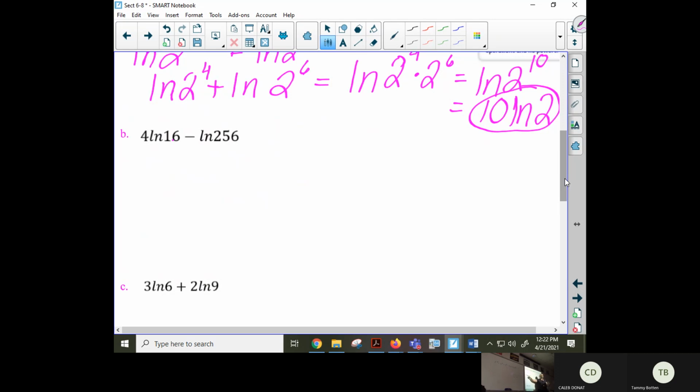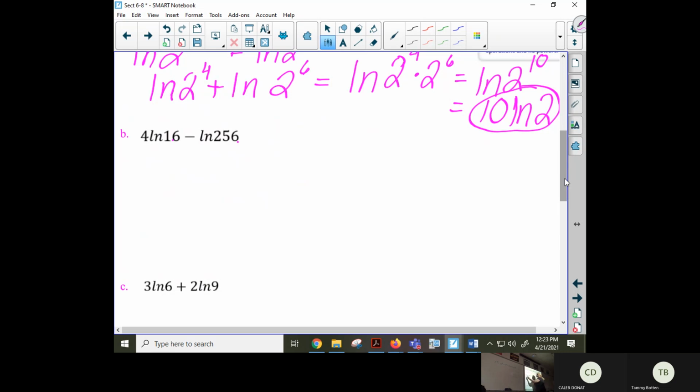You could take 16 down to a power of 2, and 256 down to a power of 2. You could take 16 to the power of 4 and this to a power of 4. But the easiest way, 16 squared is 256. So I'd probably just leave this as 16 and write this as 16 squared. But any of those ways you do it, you'd still get the same answer.